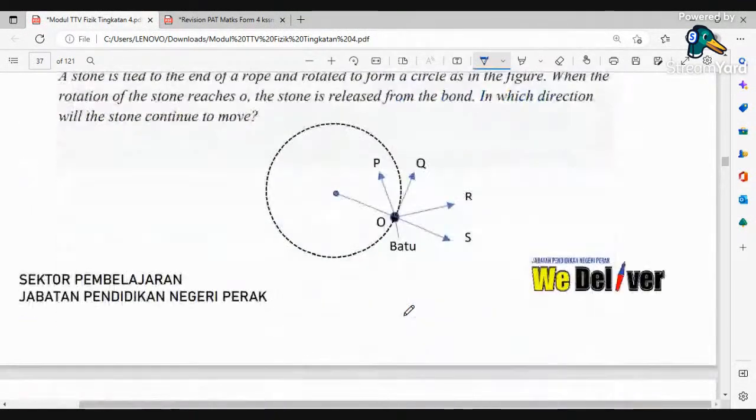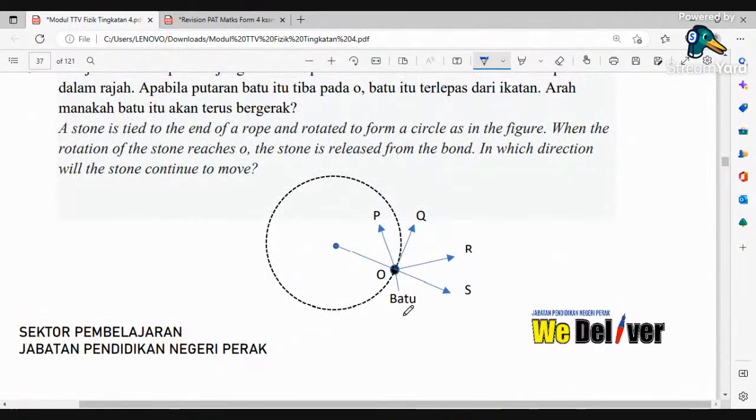Okay, number 8. A stone tied to the end of a rope is rotated to form a circle as in the figure. When the rotation of the stone reaches O, the stone is released. In which direction will the stone continue to move? As we know, if the stone is orbiting in a circle, its direction of velocity is tangent to the circle.